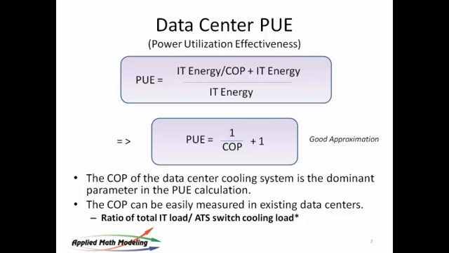Because if you've got 5 or 6 CRAHs in the room, and each one has a 5 kW or 10 kW fan in it, they add up. It can add up. That's right. So oftentimes the chiller efficiency you get from the manufacturer does not include fans. And what we're talking about here is the efficiency of the data center, the efficiency of the room. How well is it cooling? And therefore the COP should include fan energy.